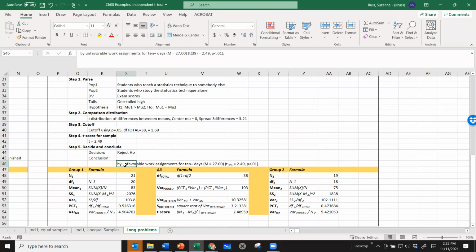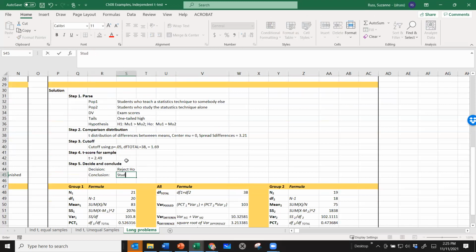So let's write up our conclusion. Our conclusion is, students who teach a statistics technique to somebody else, I might as well take this since it's filling it in for me. Now, right here, this is our population 1, and I'm going to write in the mean.